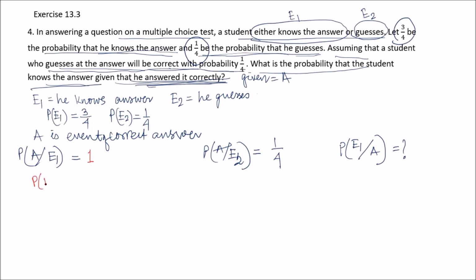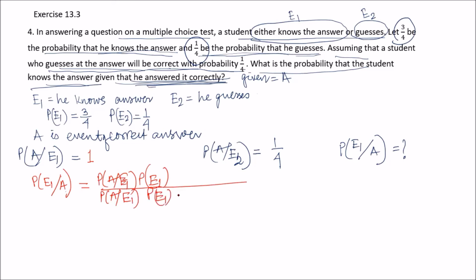So probability of E1 given A, that he has done correct and he knew the answer, is equal to P(A given E1) into P(E1), upon P(A given E1) into P(E1) plus P(A given E2) into P(E2).